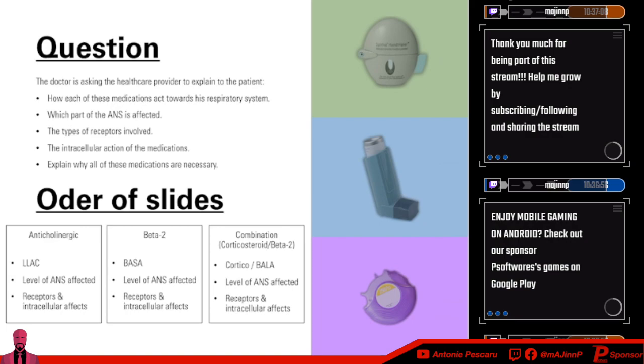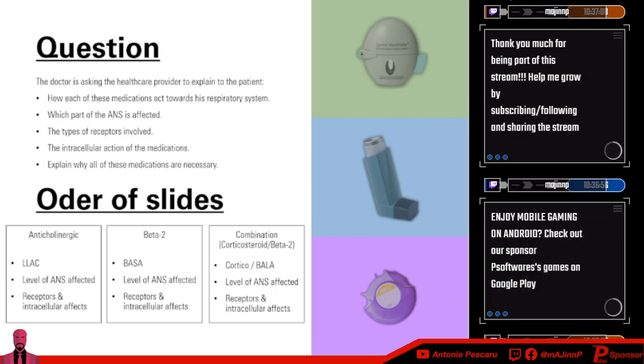And as such, the order of the slides is going to be as follows. The first part is going to explain the anticholinergic medication, which is our tiotropium, considered to be a long-acting anticholinergic, LAAC, however you want to pronounce it.